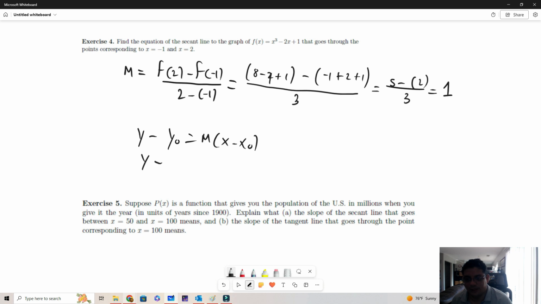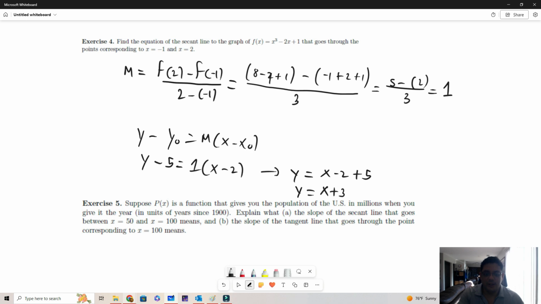So y minus 5 equals 1 times (x minus 2). And this will be the tangent line here, the secant line, sorry. y equals x minus 2 and then plus 5. Moving this 5 to the other side, y equals x plus 3. And that will be the equation of the line.